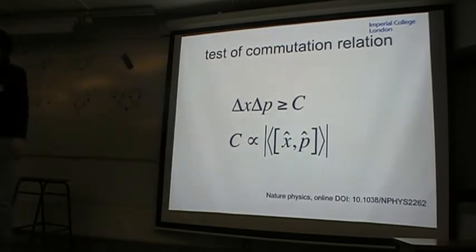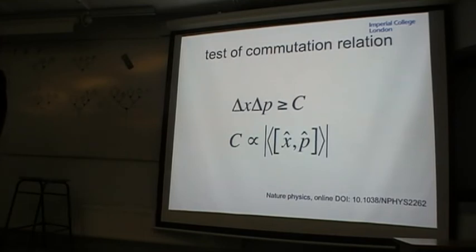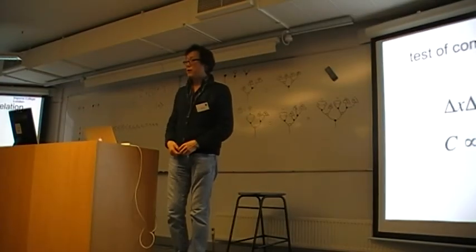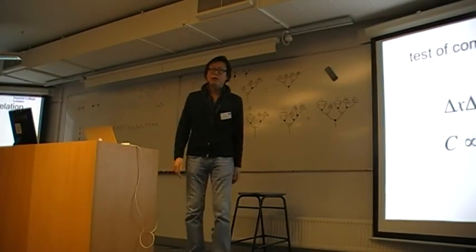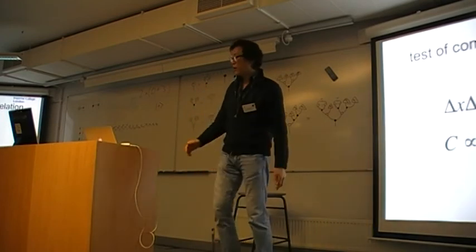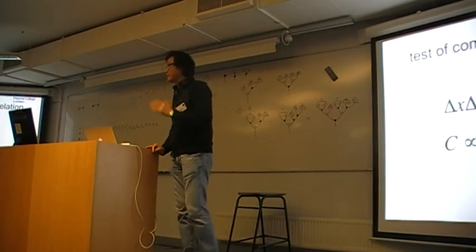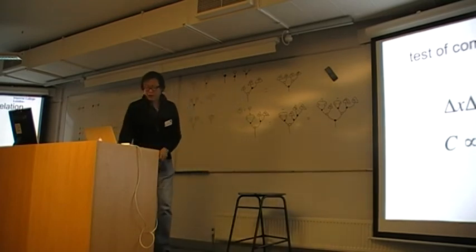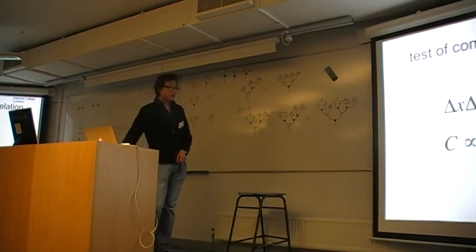If we bring this down to the quantum mechanical level, why don't we test the commutation relation between X and P? Because it has X and P, and the commutation relation is one of the most important mathematical structures of quantum mechanics, right? And the uncertainty principle and so on.